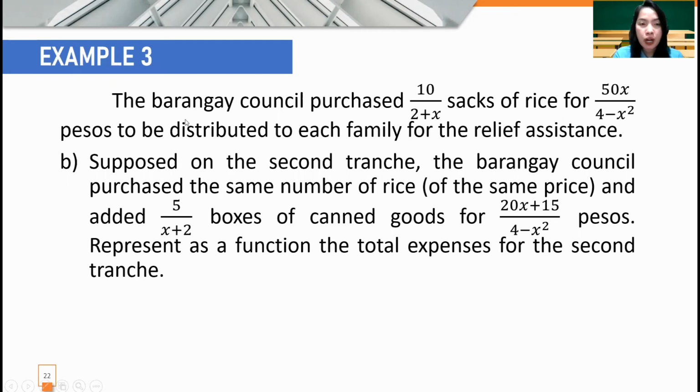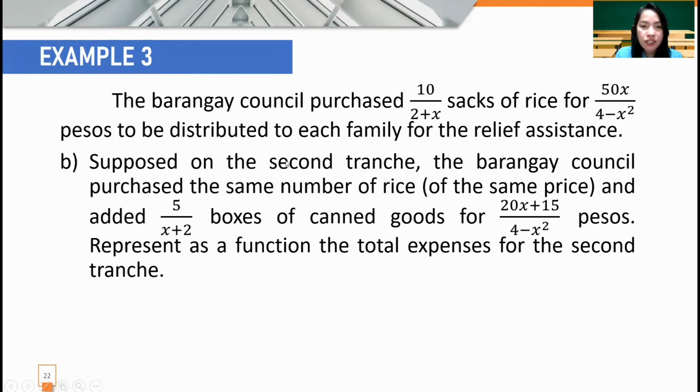Same problem. The barangay council purchased 10 over 2 plus x sacks of rice for 50x all over 4 minus x squared pesos to be distributed to each family for the relief assistance. This is now the condition.